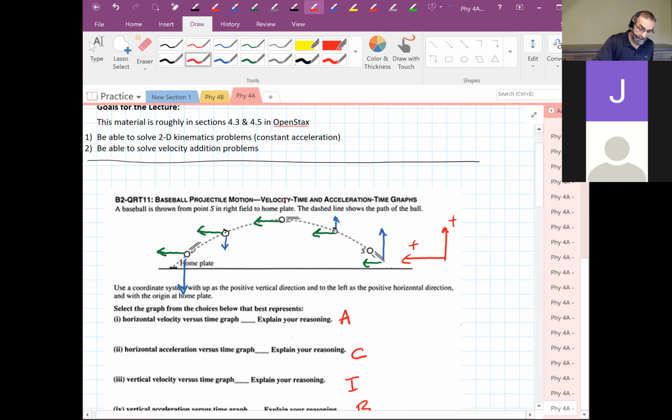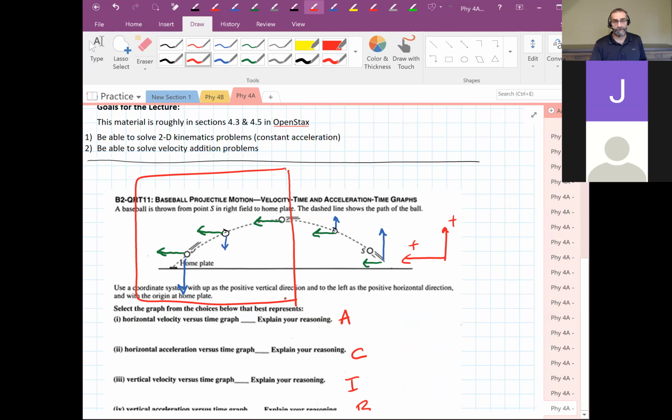This is just like if we only looked at this part of the motion, right? In our previous problem, our object starts out moving horizontally with no vertical velocity, and then gravity's pulling on it, so it starts to have a small y velocity, then a bigger y velocity, then a bigger y velocity.